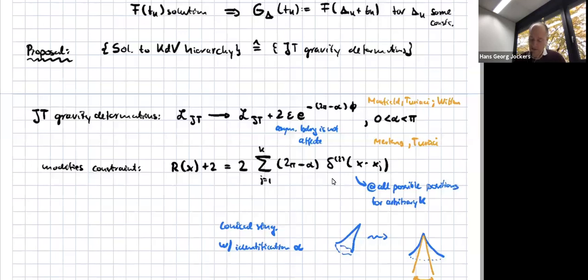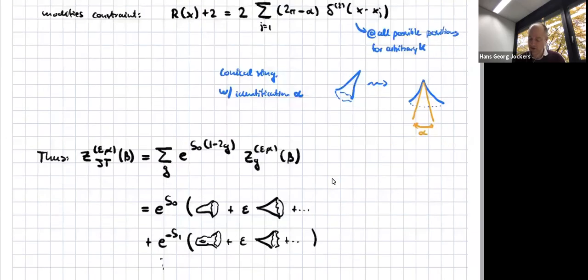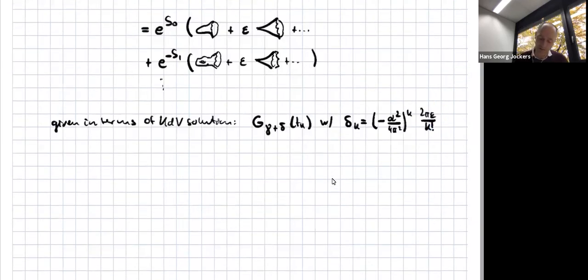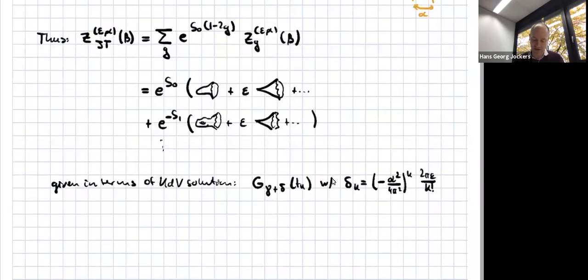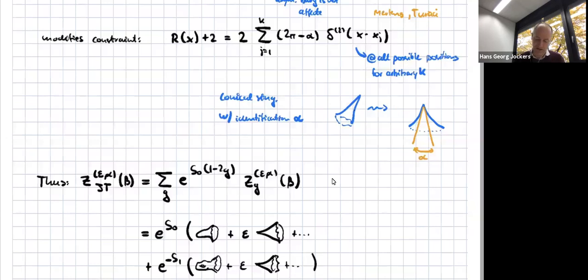Now you can play the game and include several species types, namely with several different parameters epsilon and alpha. Again, you can carry this out, and this will lead to yet other solutions of this Kdv hierarchy, which introduces for each species type an additional shift contribution. So if you allow for an infinite number of different species, you can even flesh out part of that infinite dimensional deformation space that I tried to formulate in this general proposal.